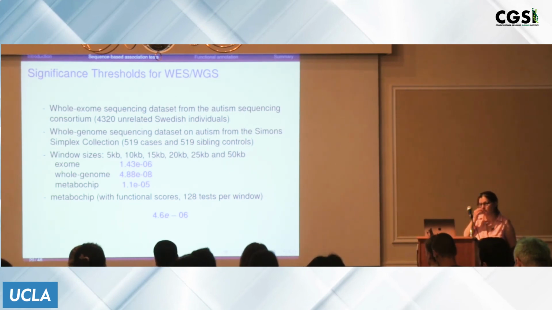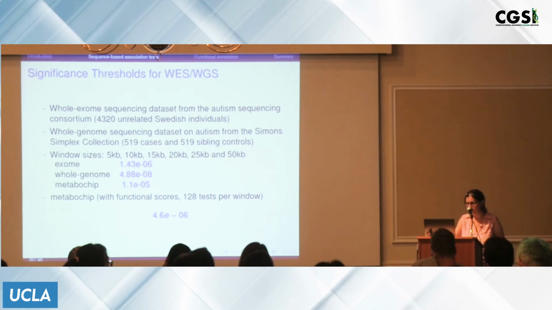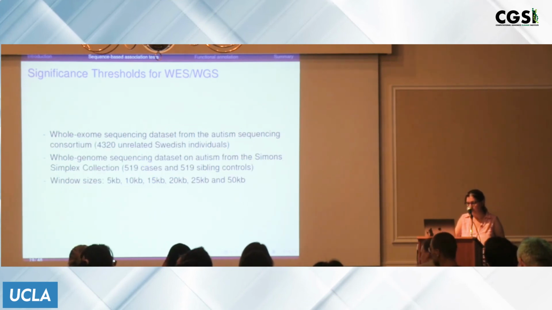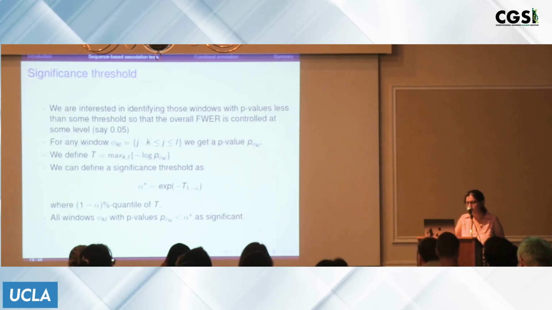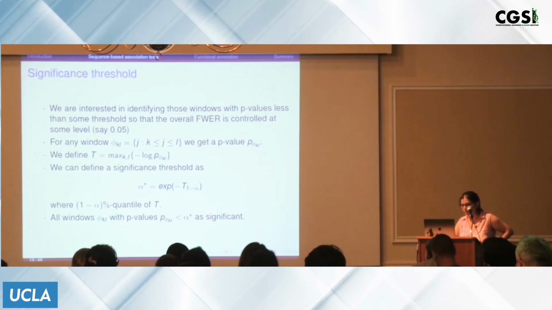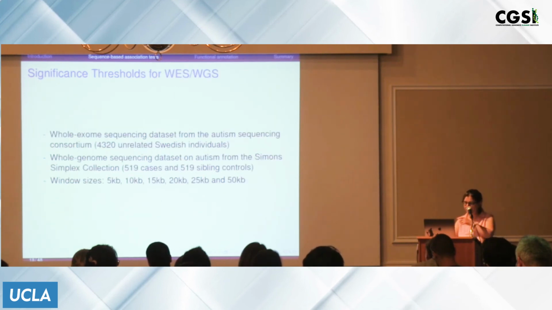Like, did you just calculate the T for each of the windows and then use that as a numerical... Yeah, I didn't really explain this very well in detail, but basically the reason it depends on these individual studies is because we assess the correlation empirically among the test statistics in different windows.